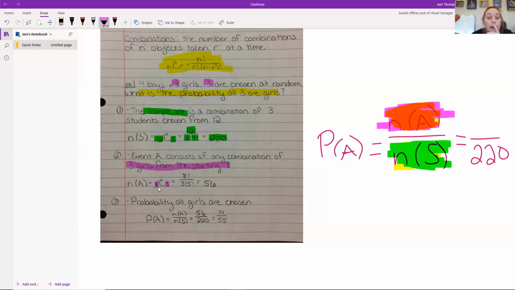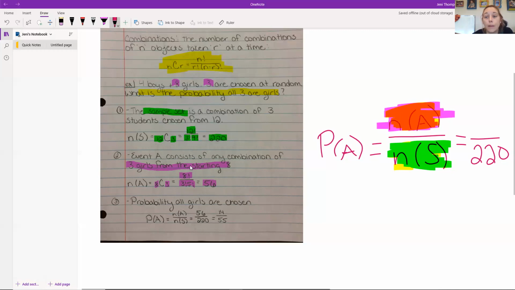Our n is 8 and our r is 3. Plug that into our formula. N factorial is 8 factorial, 8 times 7 times 6 times 5 times 4 times 3 times 2 times 1, over 3 factorial, 3 times 2 times 1. And then n minus r, 8 minus 3, is 5. We do the factorials and the division, and we get 56.